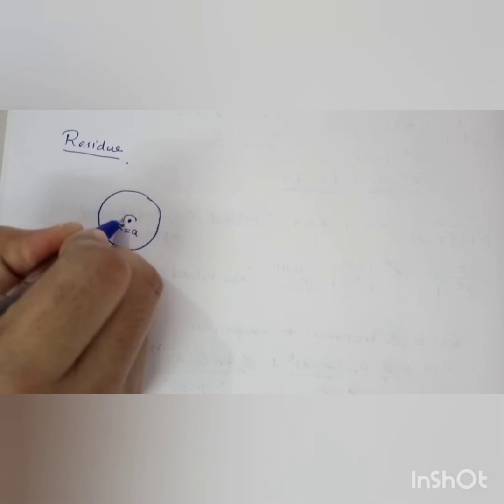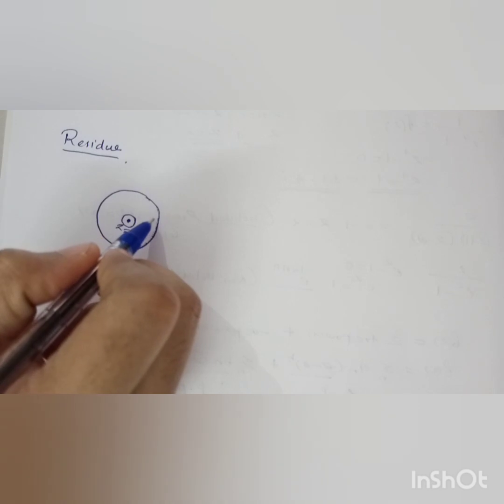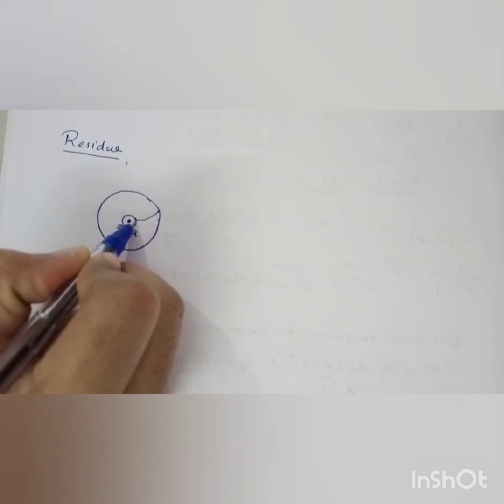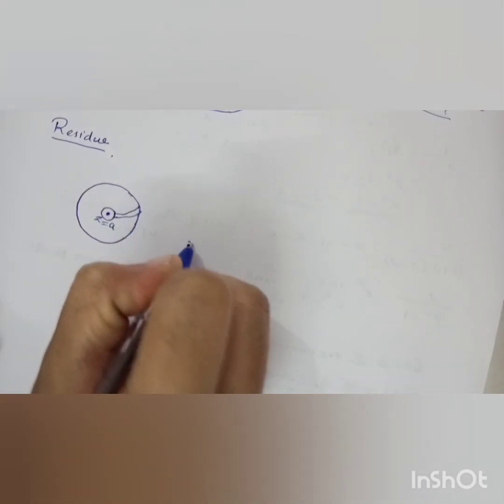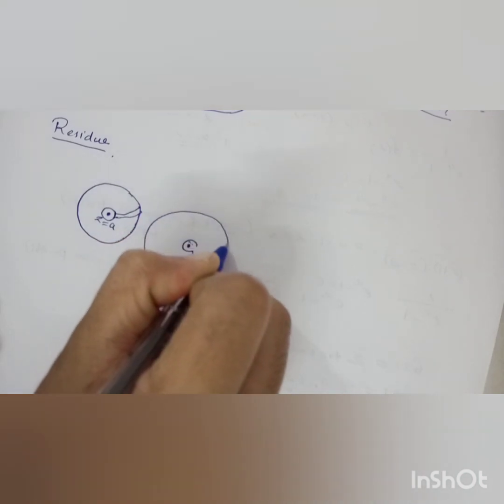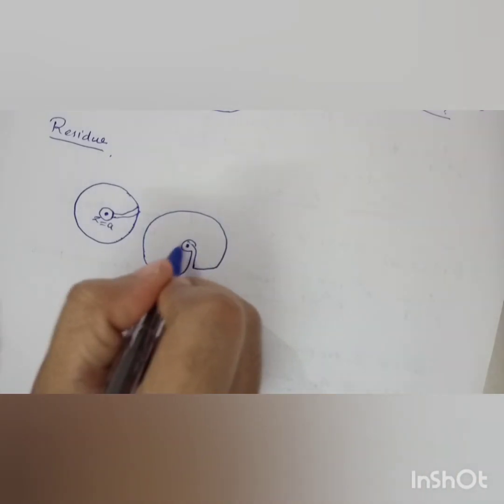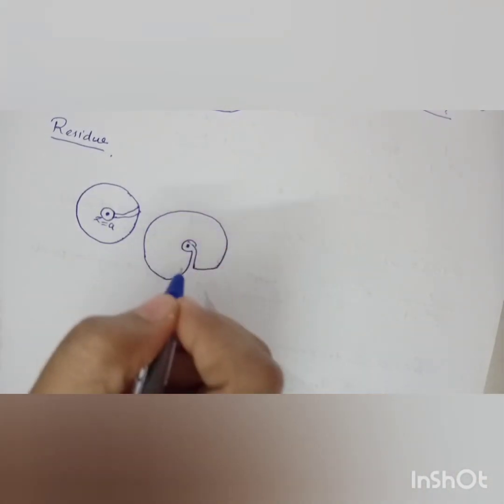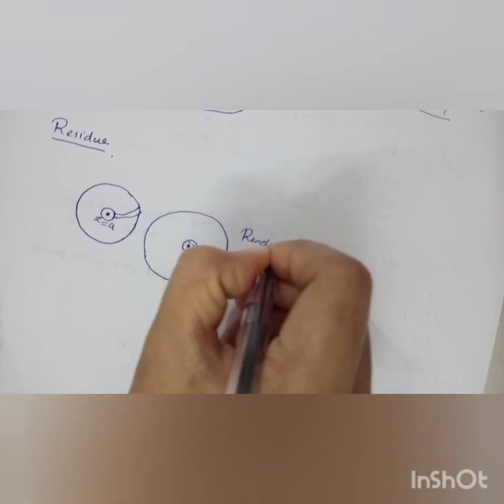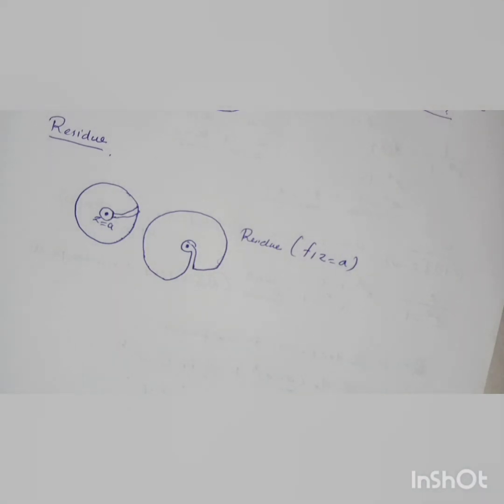Since this portion is undefined, we can take the integral by removing this part. Finding the area by removing this part is known as the residue. So the residue of a function at z is equal to a is obtained after removing the singular point.